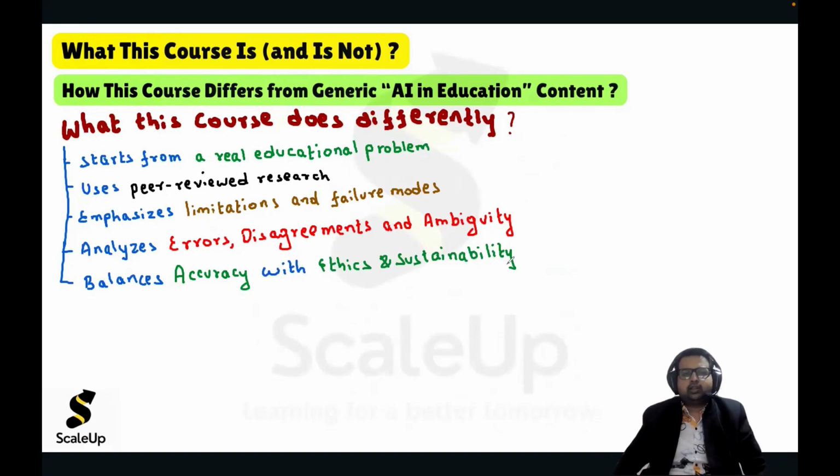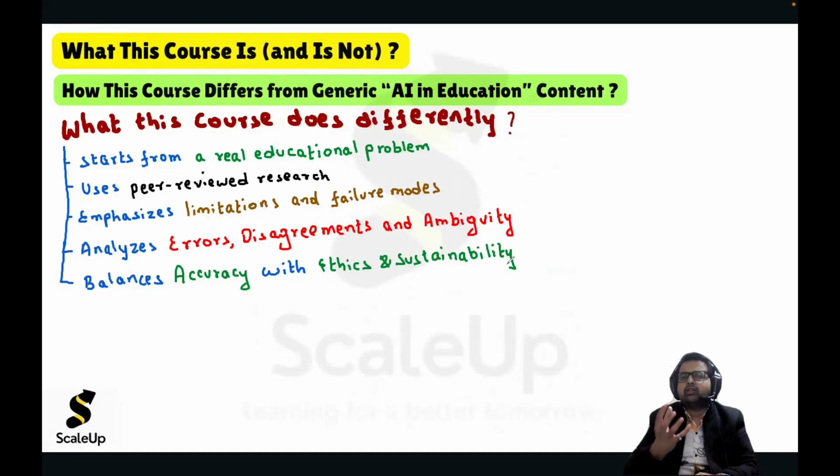So basically, how is this course different? As you know, in this course we will be building an AI powered grading system, which will be based on a real educational problem. We will not be creating any unnecessary hype or making any vague claims.